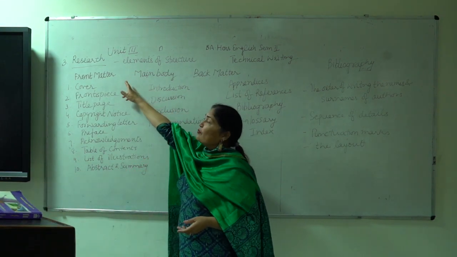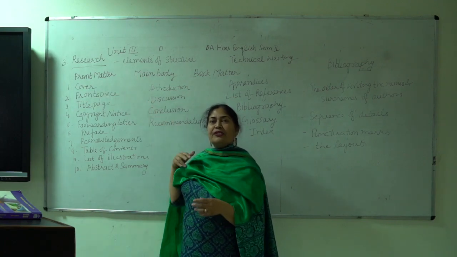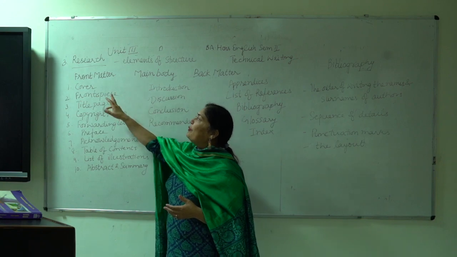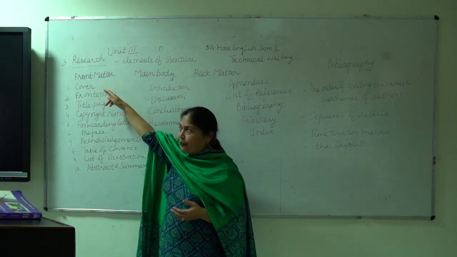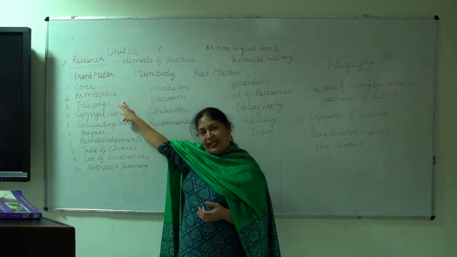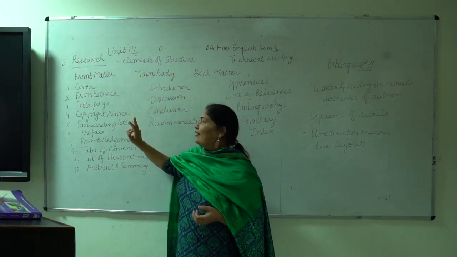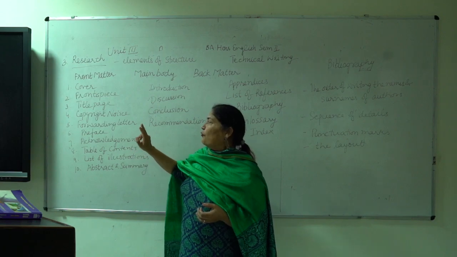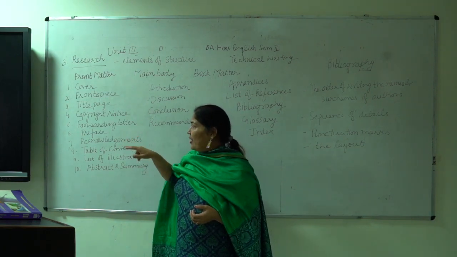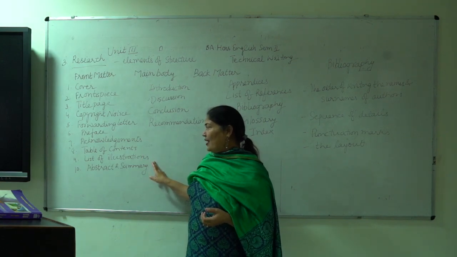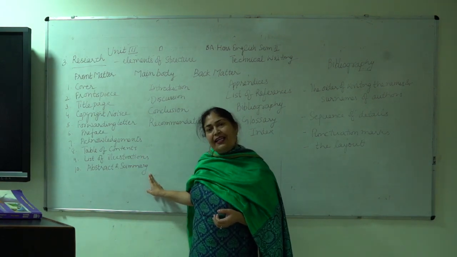So under front matter, when you have to submit the report of the research that you have done, you would be writing first of all the cover page, then the frontispiece. After that would come the title page, then copyright notice, forwarding letter, preface, acknowledgements, table of contents, list of illustrations, abstract and summary.